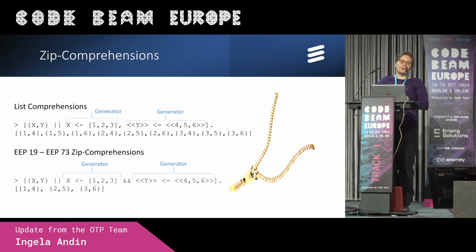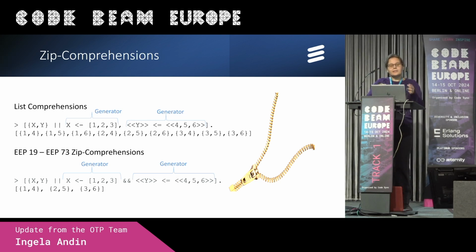So what is a zip comprehension? Well, I'd like to explain it to you by comparing it to a list comprehension. So let's take a look at the top example. That's a normal list comprehension. And a list comprehension is a way of generating a list from several generators.